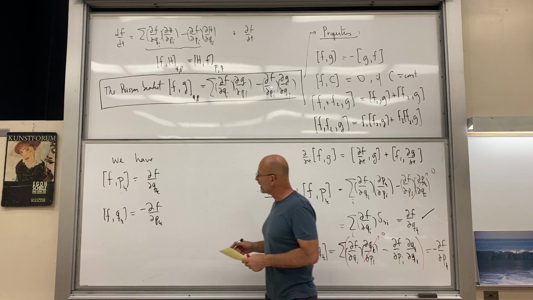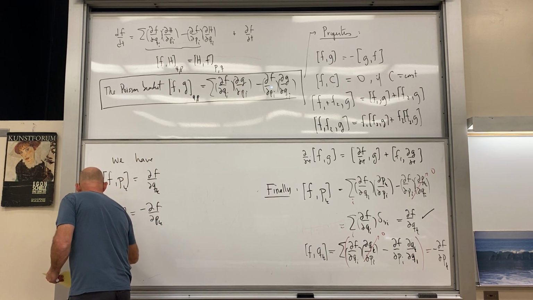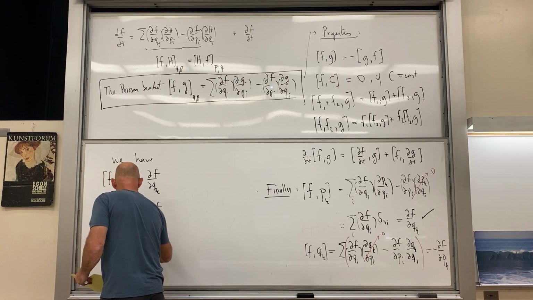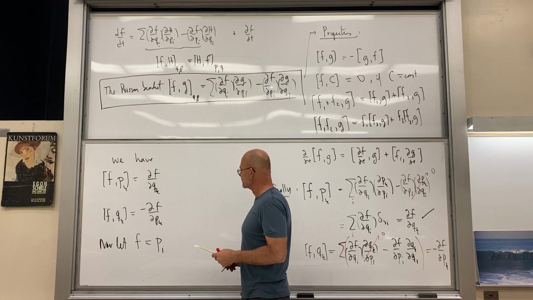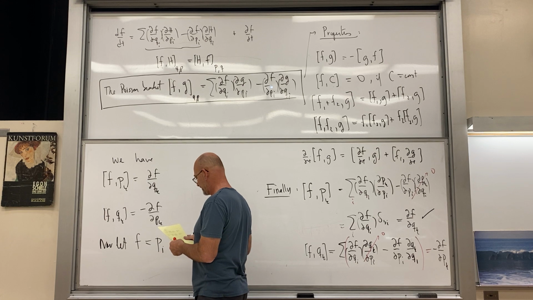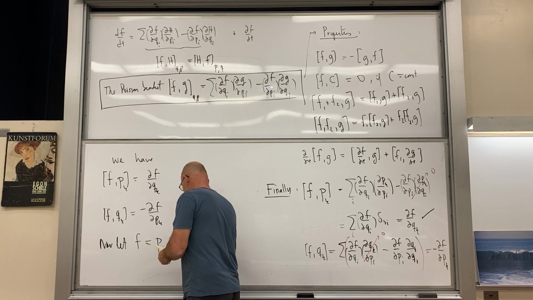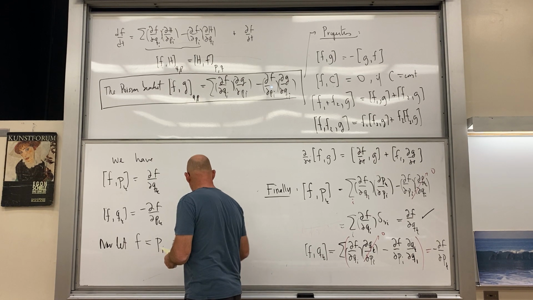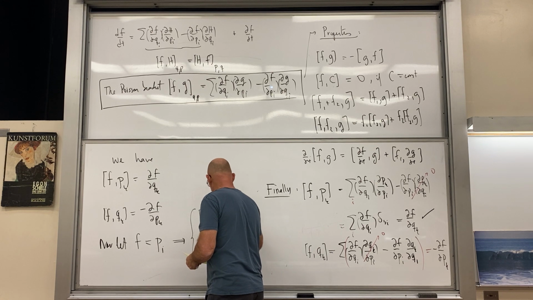Now what we can do is let f be equal to p sub I. Now let F equal P sub I in here. You're going to write these down. P sub I, Q sub K.